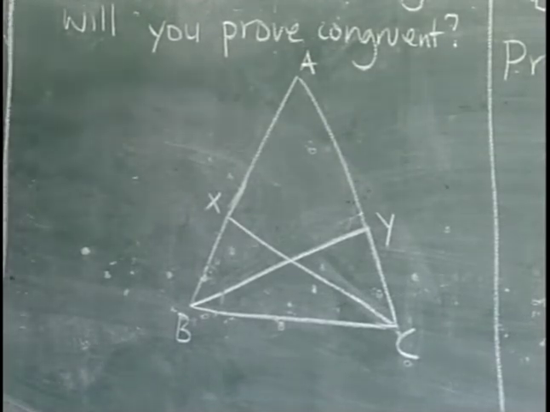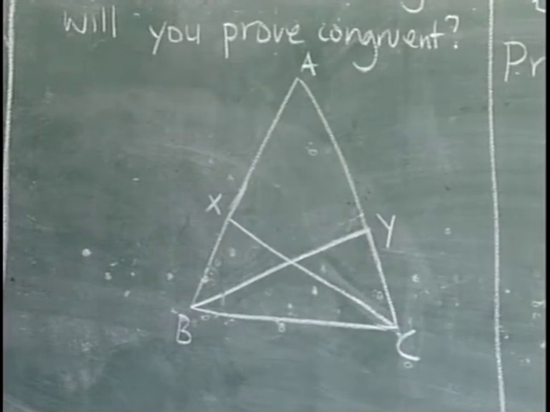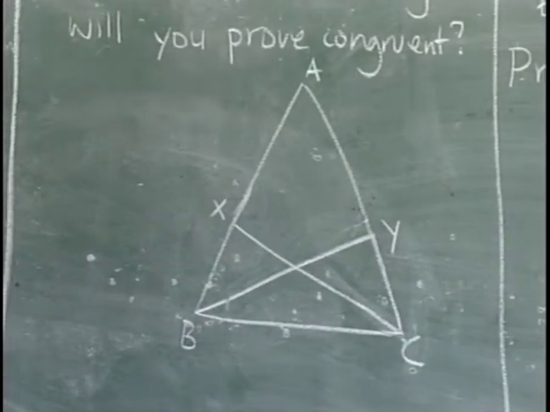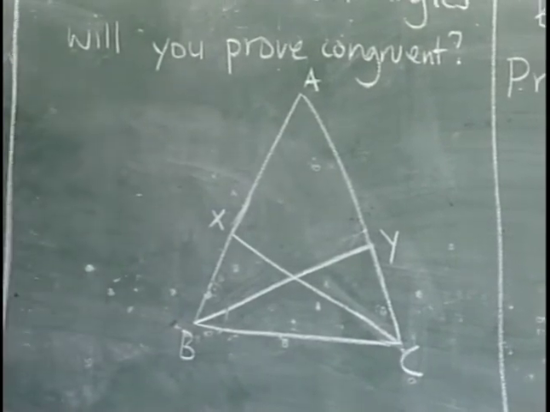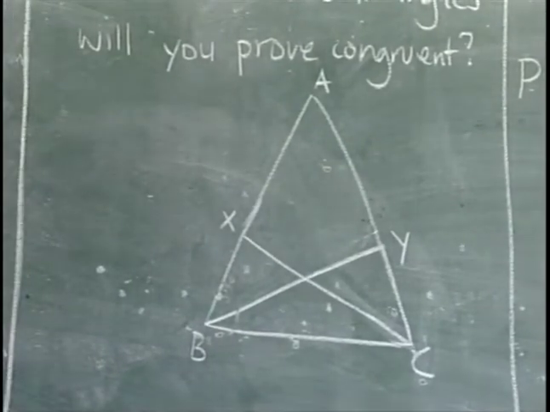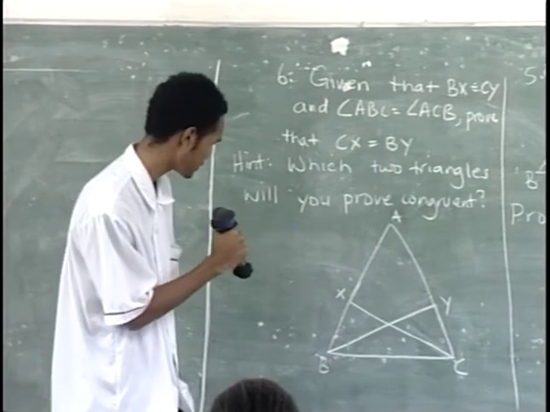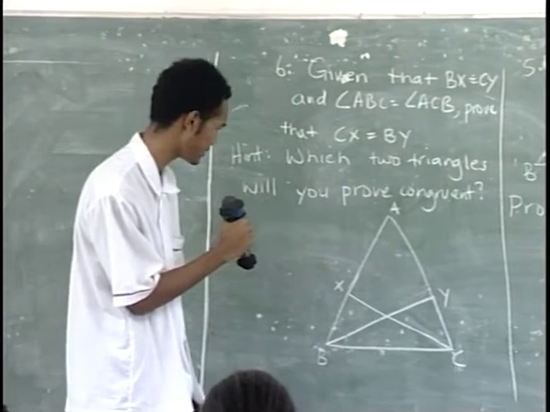The two triangles which I think are congruent are triangles XCB and triangle YBC. Two triangles are congruent if they're the same in every aspect, size, shape, angles, whatever.